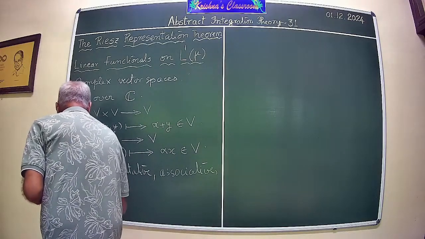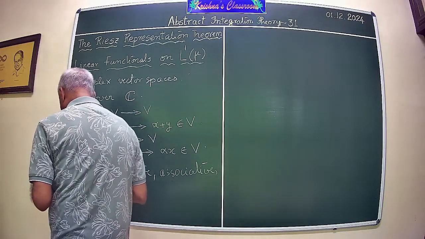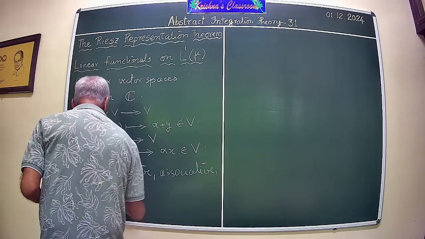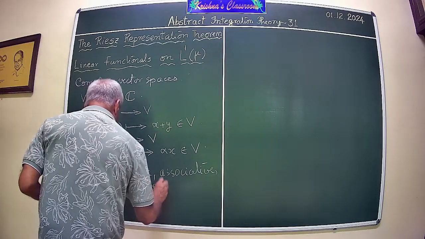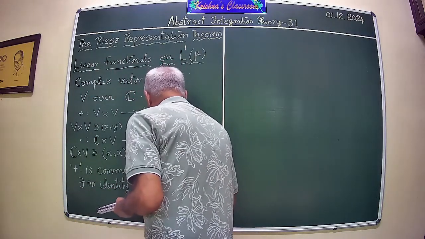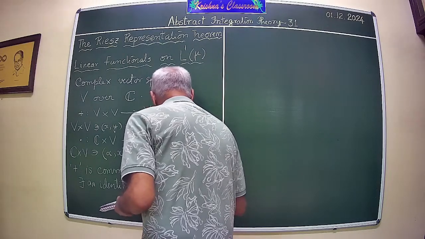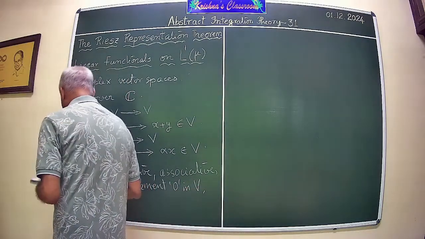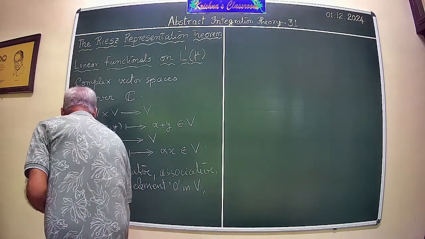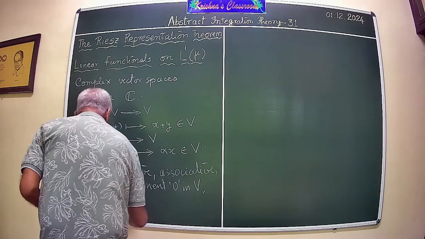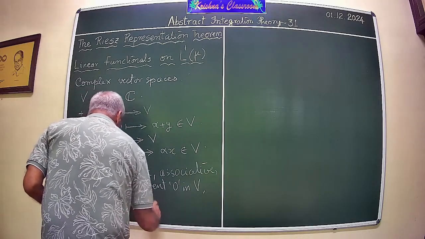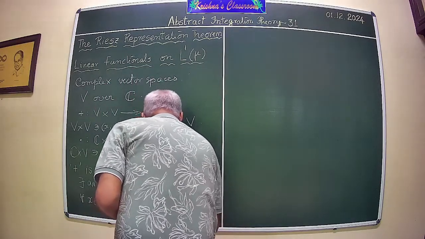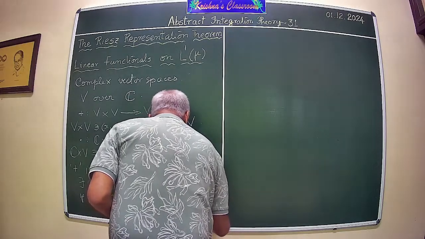There exists an identity element zero in V such that, then you have for every x belonging to V there exists minus x belonging to V such that x plus minus x equals the identity.